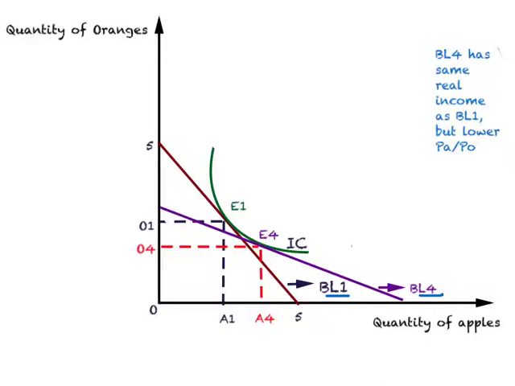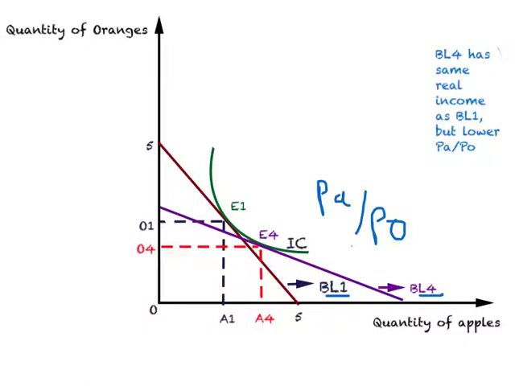It has a different slope relative to BL1, and what you find is BL4 is flatter than BL1, or in other words, PA by PO, or the slope of the budget line, is lower for BL4 relative to BL1, or in other words, relatively speaking, apples are cheaper relative to oranges in BL4 relative to BL1.